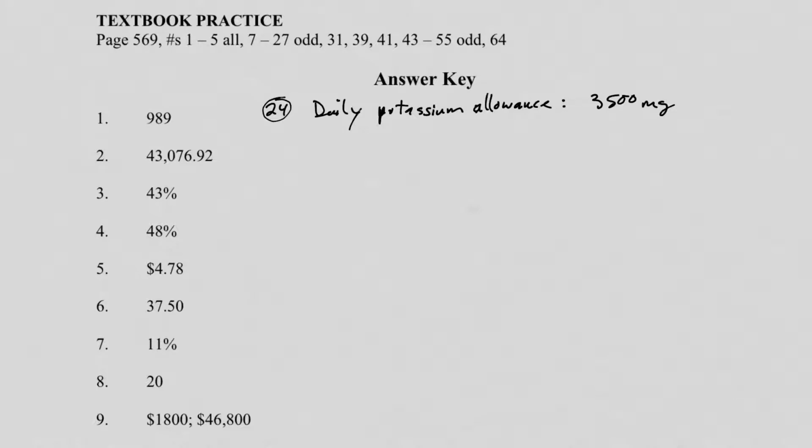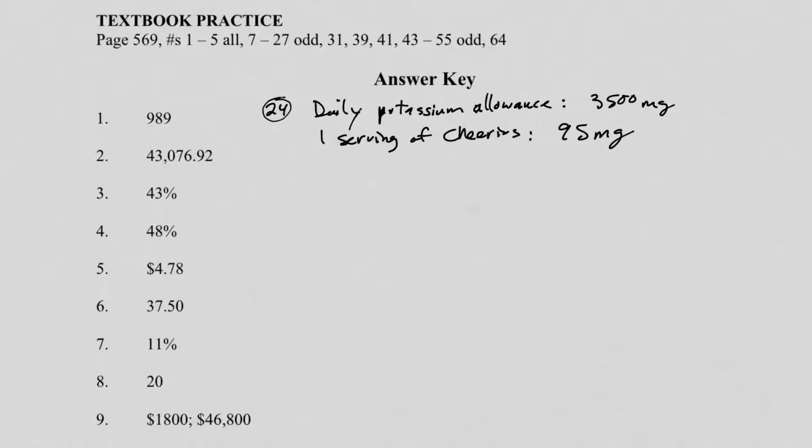One serving of Cheerios provides 95 milligrams of potassium. So Cheerios, it's 95 milligrams.